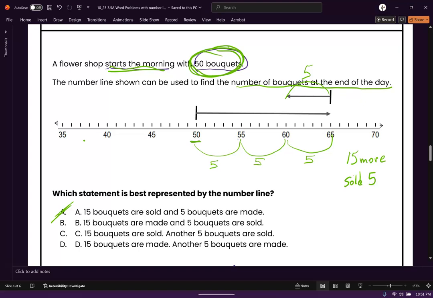So B would be maybe. We gotta check the other ones. C. 15 bouquets are sold. Well, we know that's not right because we said there were 5 sold. So C is out. D. 15 bouquets are made. Yes, that's what we said. Another 5 bouquets are made. That was not true because it would be going the other way. So D is out, and my answer is B.